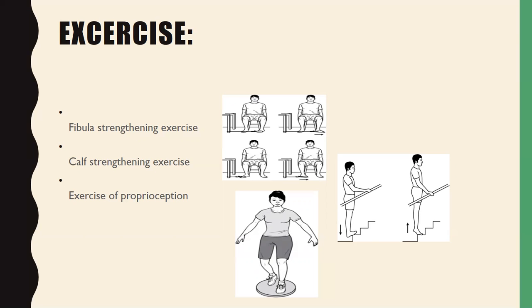Calf strengthening exercises can be done by lifting the balls of your feet with or without added weight, and lifting the balls of your feet on the edge of a step.